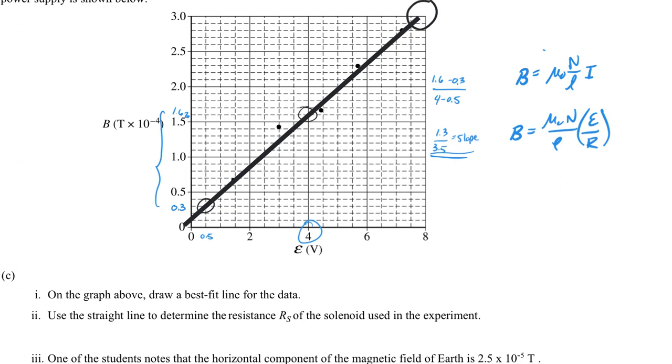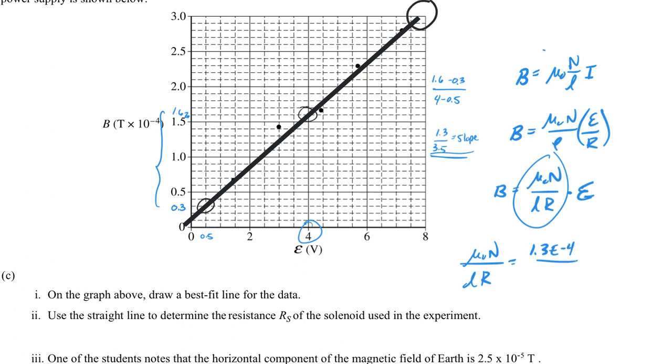So I will back the R out and get B equals mu naught N over L R times E. There we go. So we know that this must be our slope. So mu naught N over L R equals 1.3 times 10 to the negative fourth over 3.5 Tesla per volt.